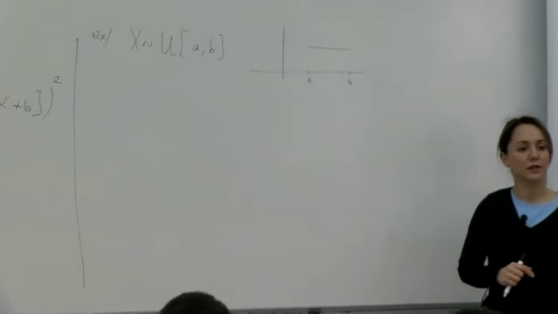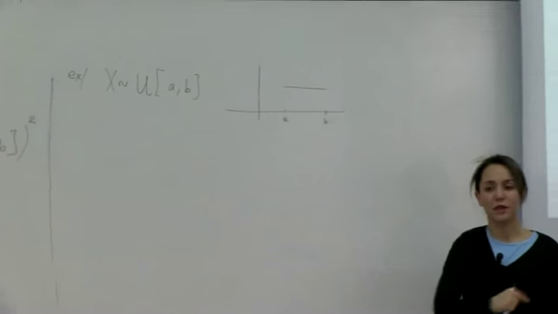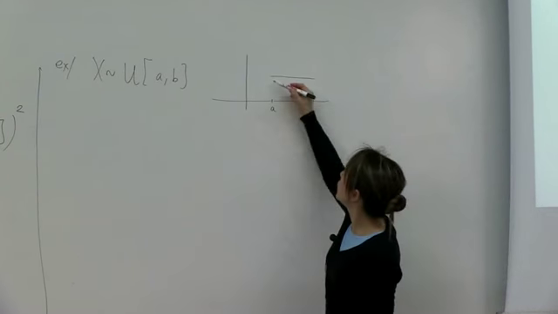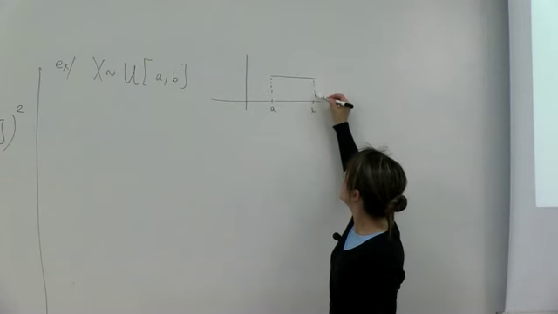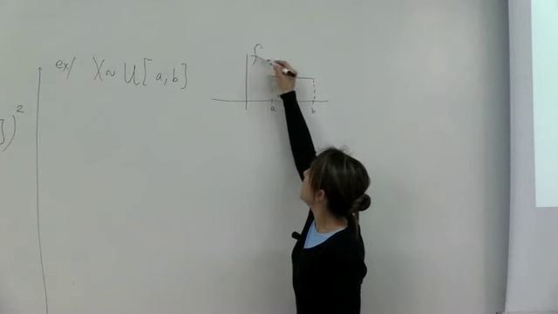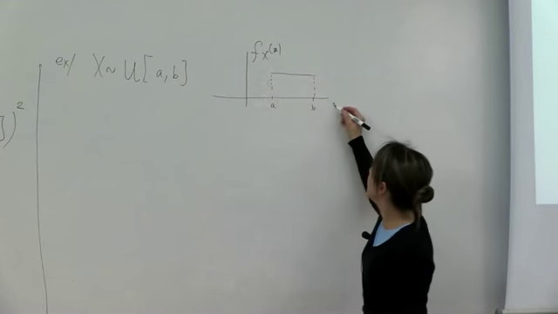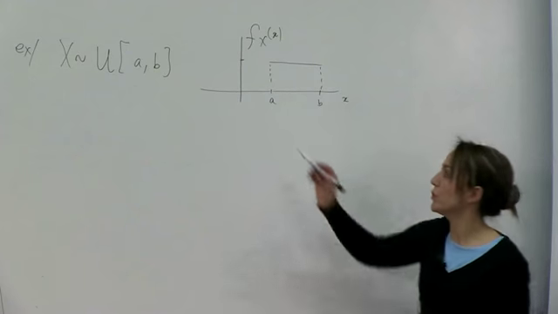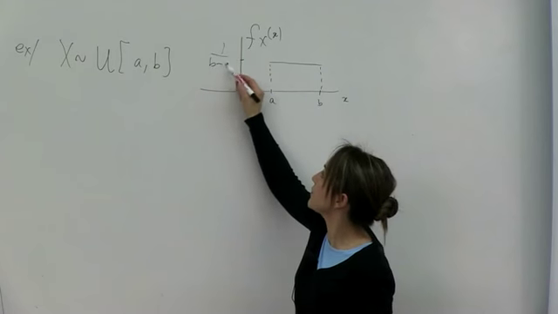It's the same case in the exponential. Okay, so let's see. This is f_X of x as a function of x. What is the value? 1 over b minus a, right.